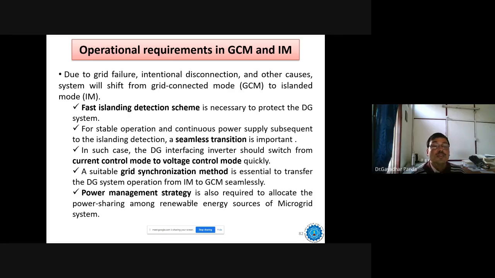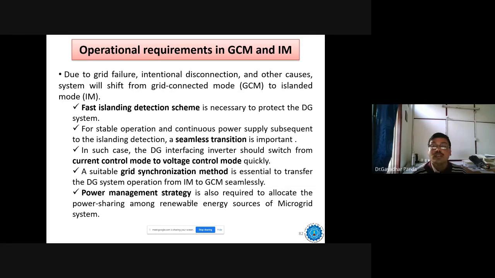Under that situation, you have to go for a fast islanding detection scheme. It is necessary to protect the DG system. For stable operation and continuous power supply, subsequent to islanding detection, a seamless transition is important.